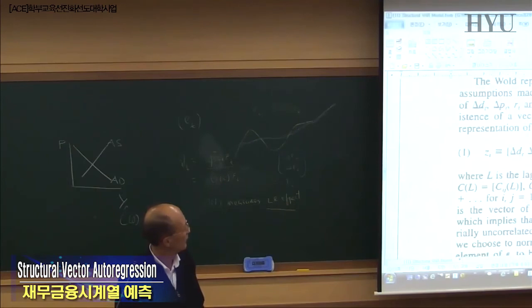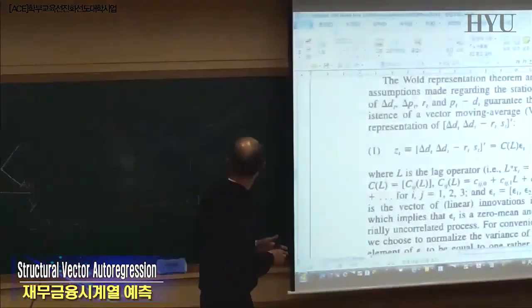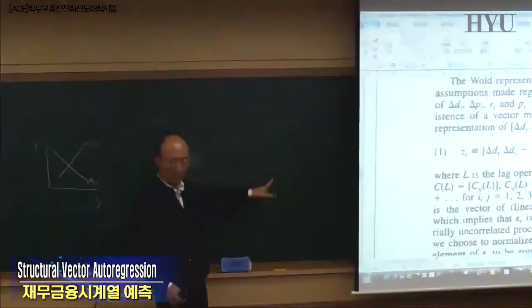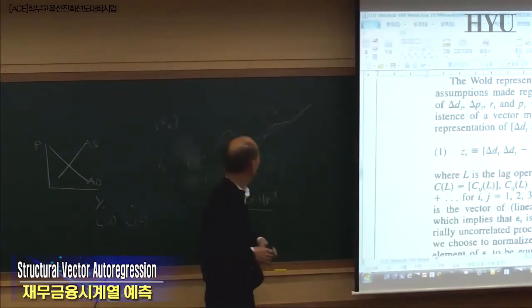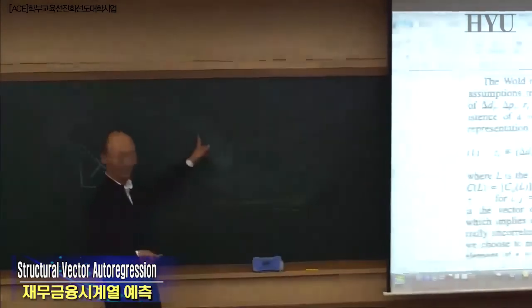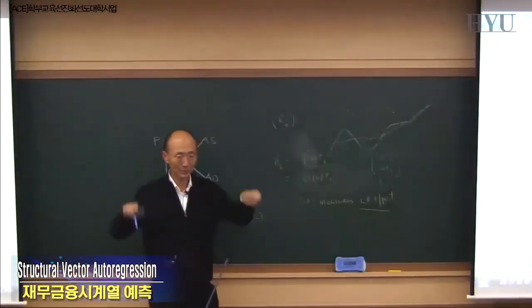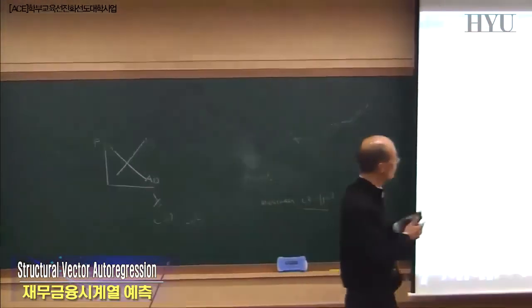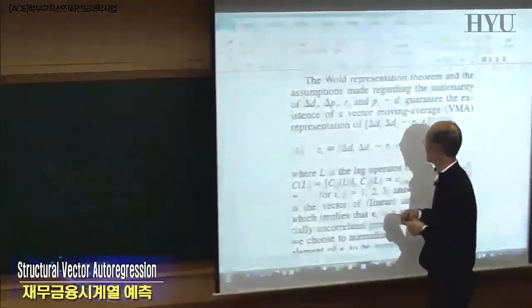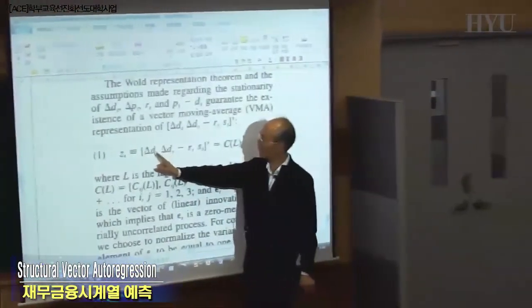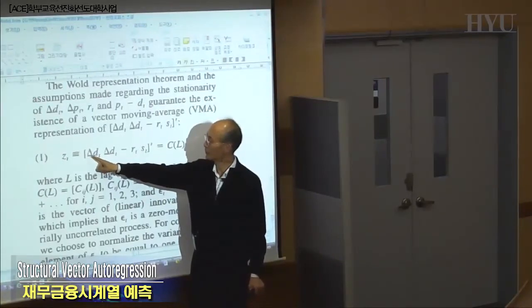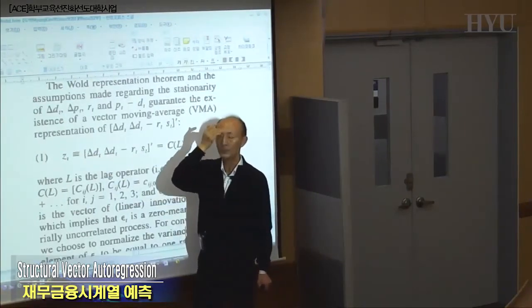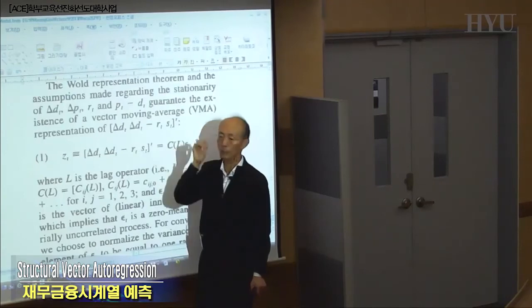Where they have three variables. 1, 2, 3. So covariance matrix, it will be 3 by 3. Right? The first one is the first difference of the log of real rent.